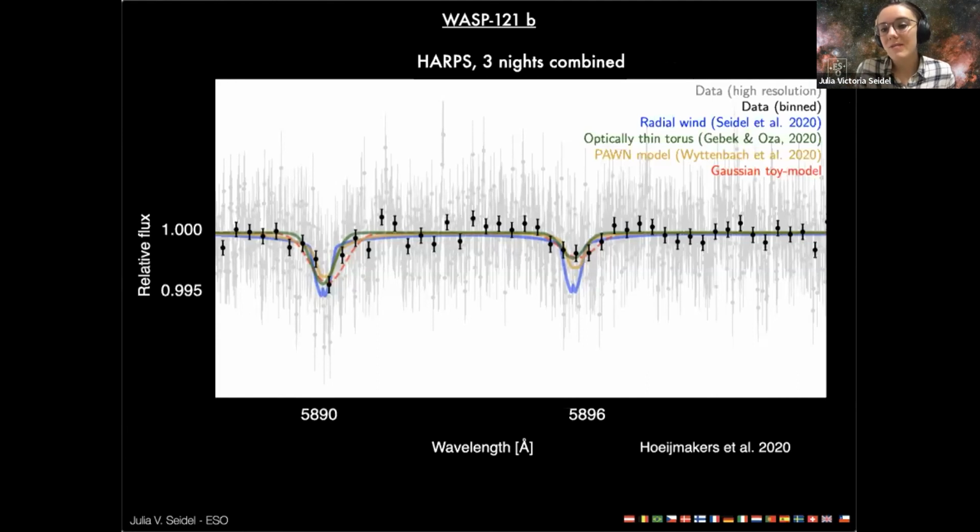But maybe this sodium comes from some form of debris disk or cloud that travels with the planet from a destroyed or in the process of being destroyed satellite or moon. So this is what they tried for WASP-121, where 3 nights of HARPS data were combined, and Jens Heumeckes, who led this study in 2020, has the approach of let 1,000 models bloom.